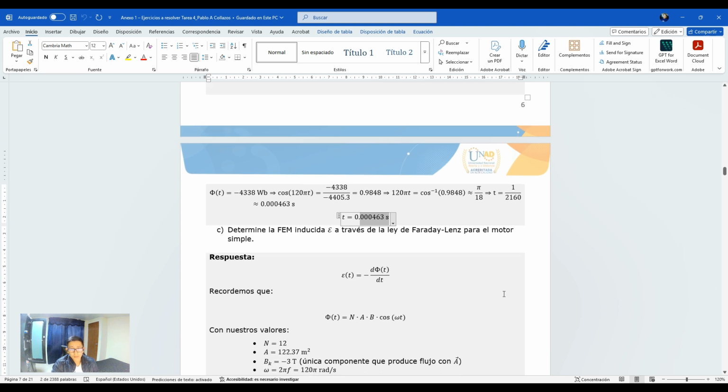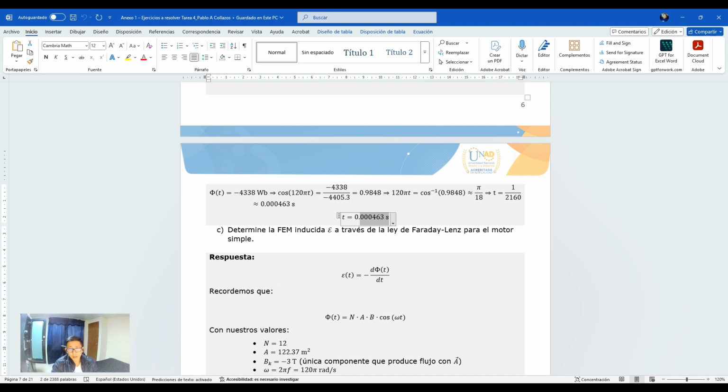Point C, induced electromotive force, EMF. According to Faraday's law, epsilon of t equals negative the derivative of phi of t with respect to time. Phi of t is negative 4,405.3 times cosine of 120 pi t.